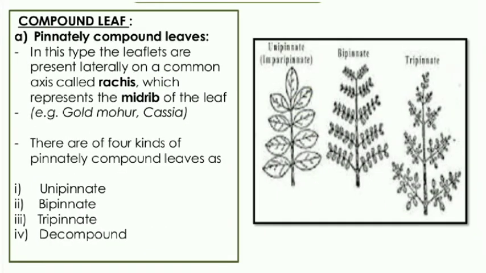In the case of tripinnate, the branch again produces a secondary branch, so primary as well as secondary branches are produced. In the case of decompound, like coriander, there is no clear differentiation of branches, the leaf is highly dissected. Hence, coriander is an example of the decompound leaf.